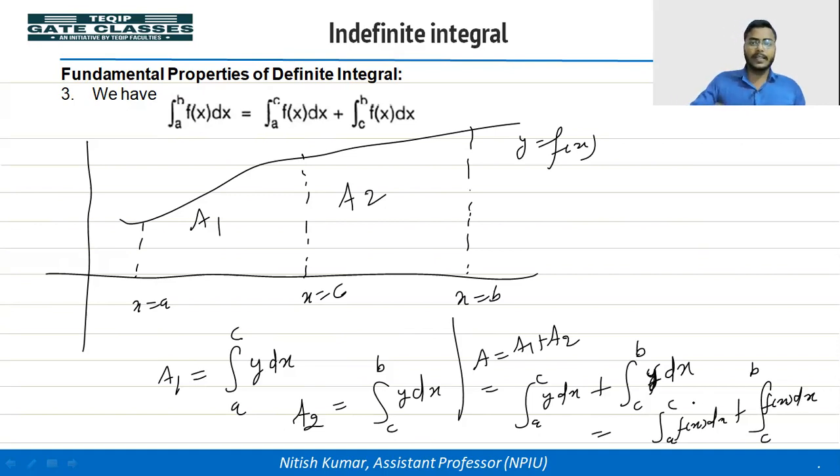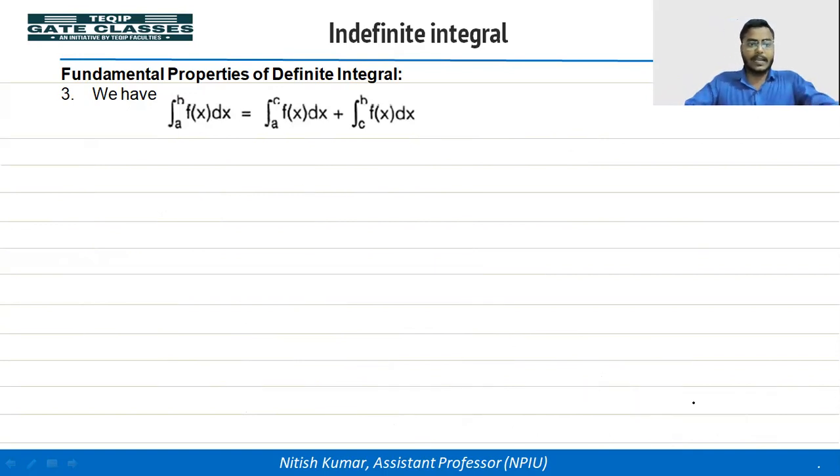So in this case you can see there is one point x is equal to c where we are breaking the integration, but it can be any number of points where you can break the integration, right? So we have to break the integration when you will see the function is discontinuous at some point, like x is equal to c. Okay, so there we have to break the integration. We have to write like this. It can be like this.